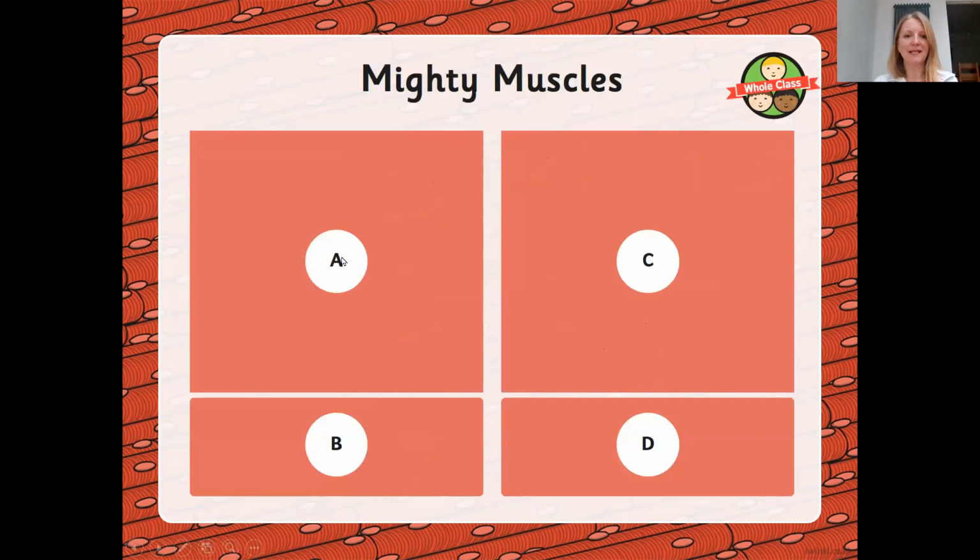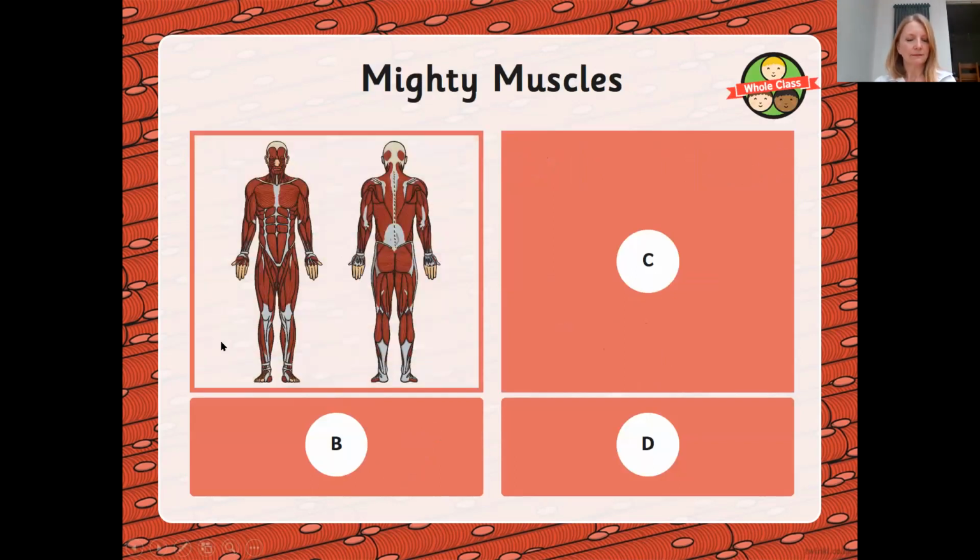Okay, let's have a look what's behind here. There's a person showing all of the muscles of your body, back and front. Underneath, on this picture of the man, you can just see some of the bones. You can see the breastbone, the sternum, but the red tissue all over the top is muscle.